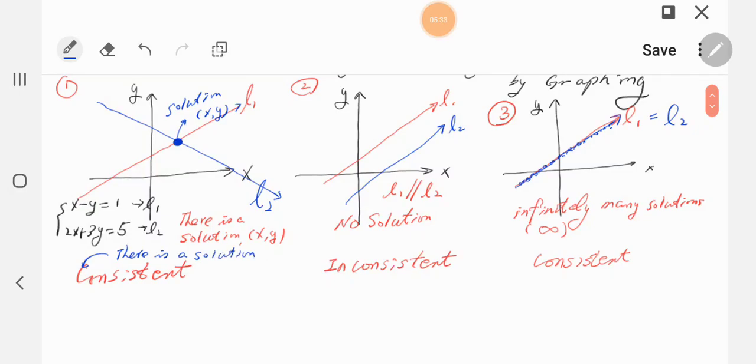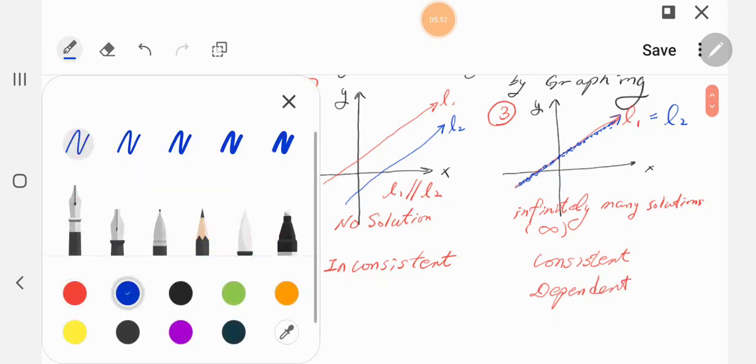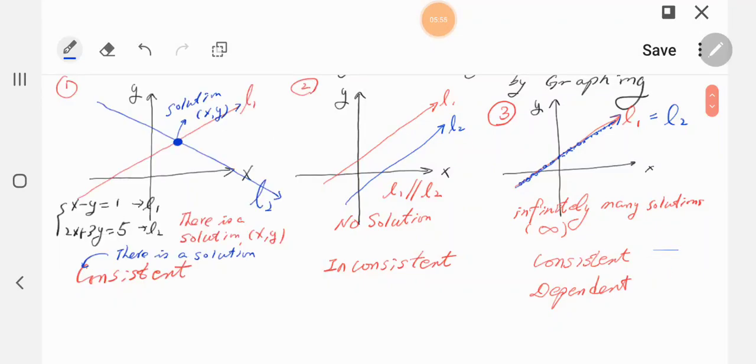We can also separate systems into dependent or independent systems. We call a system dependent if the two lines are exactly the same.